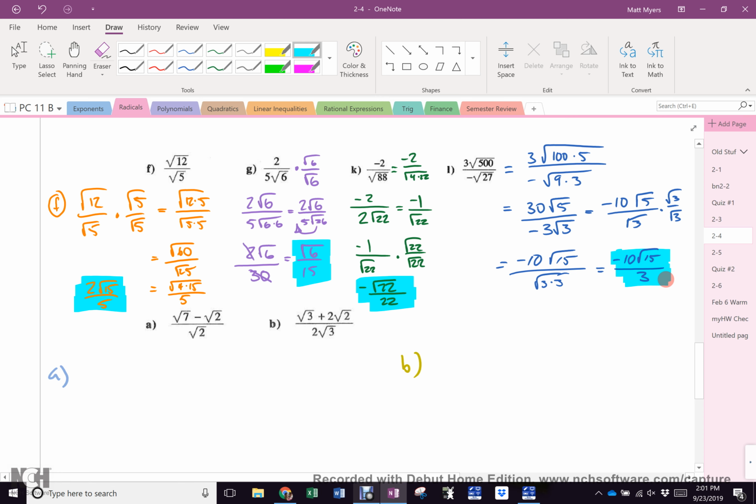Sam. For L, where it says you have 30 root 5 over negative 3 root 3. Yeah. Where does the 3 go? Which 3? Like on the numerator, it's negative 3 root 3. The one that's the coefficient, where would that be? Like, did you put it inside the square? No. What's 30 divided by 3?